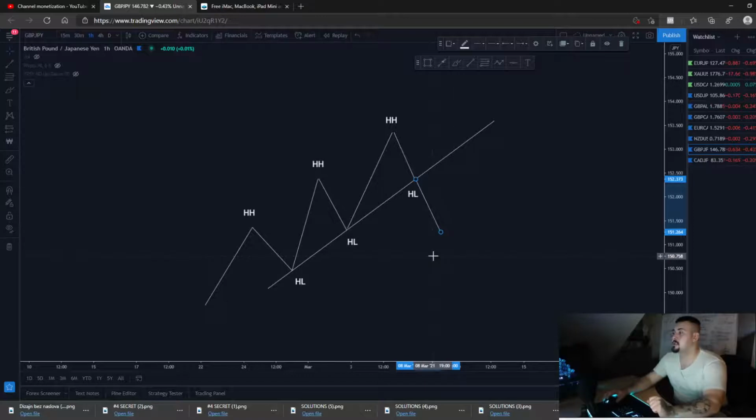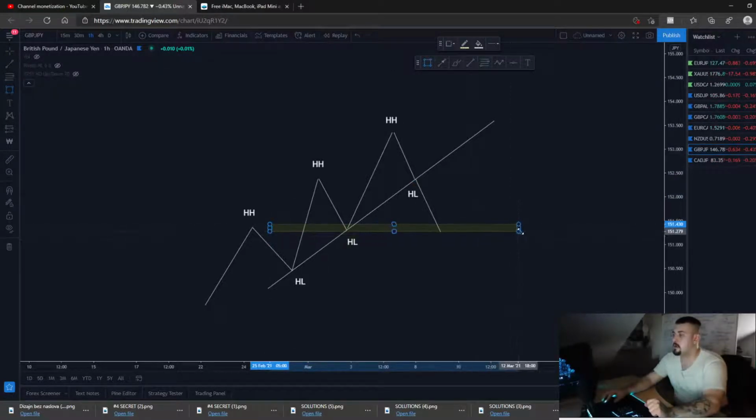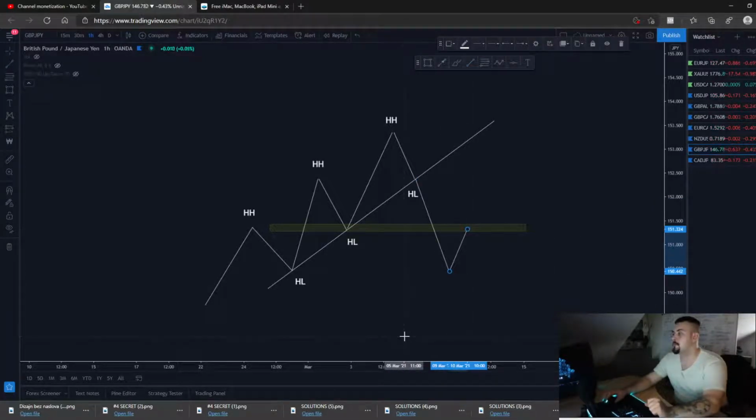And as you can see, you always want to wait for the price to retest the last higher low in order for you to enter a sell trade on this one.